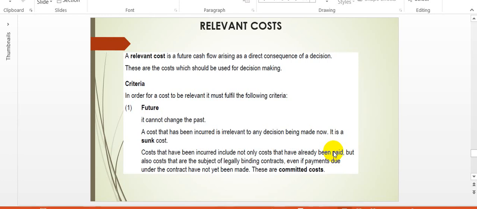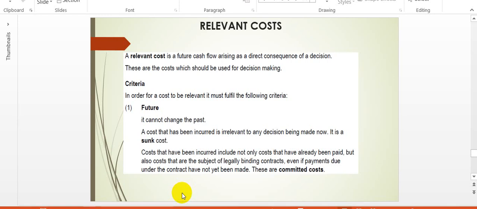In order for a cost to be a relevant cost, it must fulfill certain criteria. The first one is that it must be a future cost or a future cash flow.